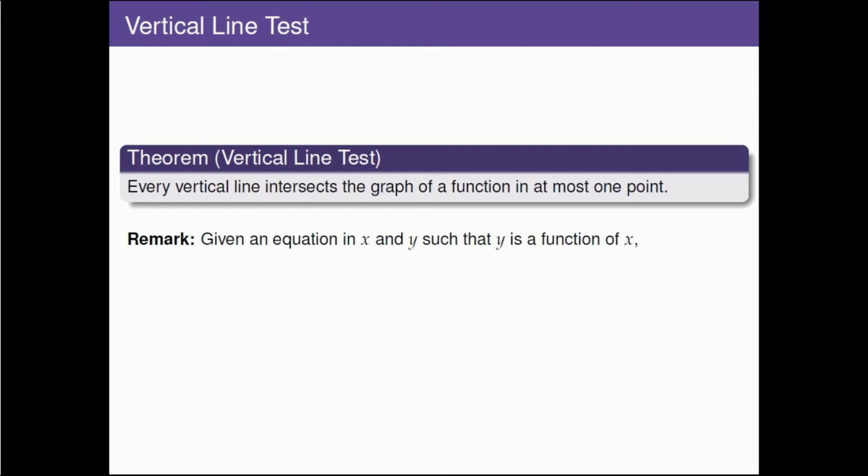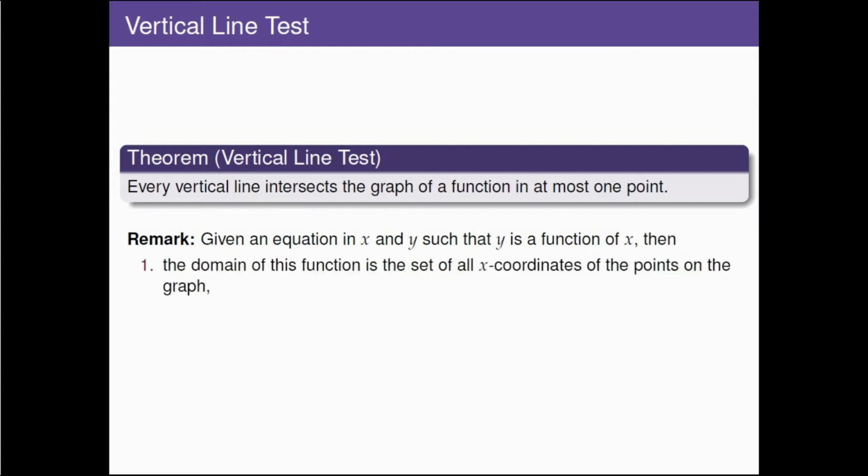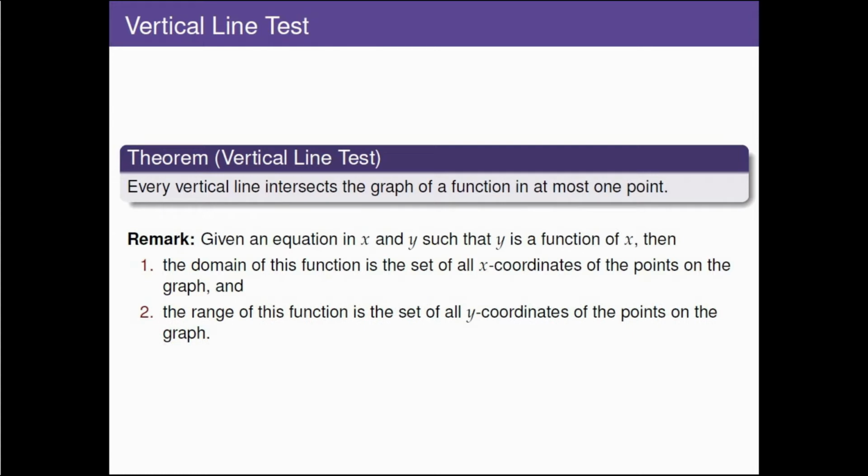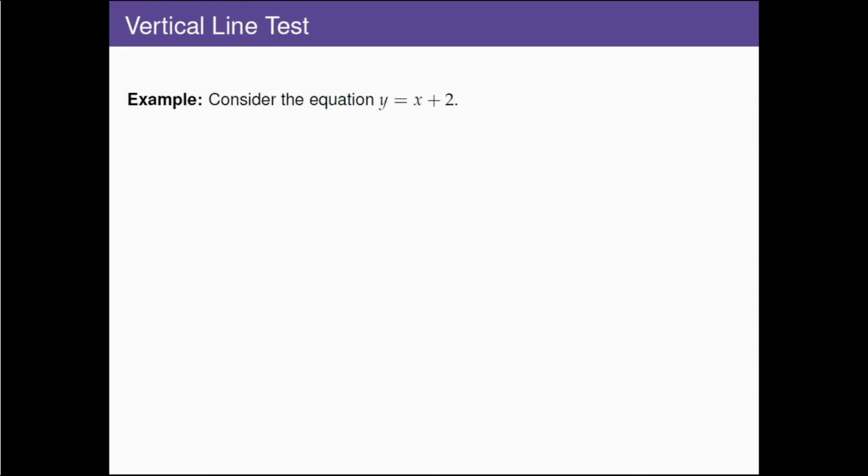If the graph of an equation defines that y is a function of x, then the domain of this function is the set of all x coordinates of the points on the graph, and the range of this function is the set of all y coordinates of the points on the graph.